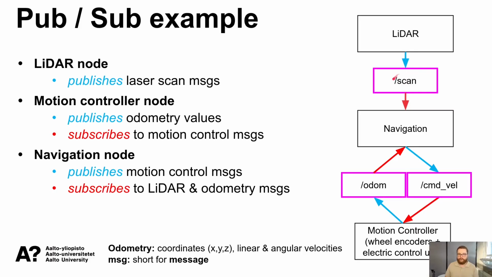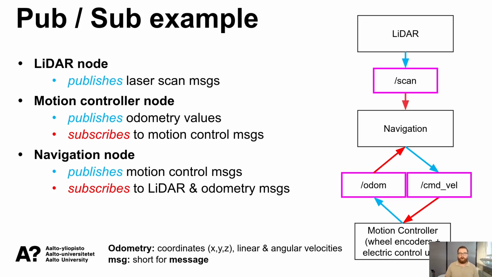Now, from the scan topic, we have a node called navigation, which is subscribing to the LiDAR point cloud from the topic /scan. And what the navigation node could be doing, maybe based on this LiDAR data, is coming up with solutions for planning and control.